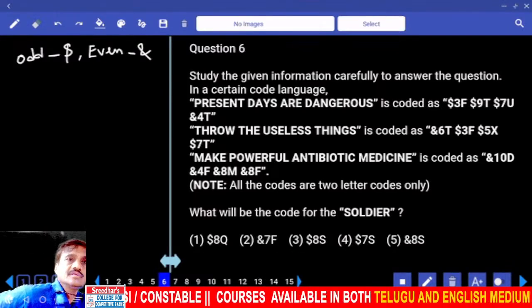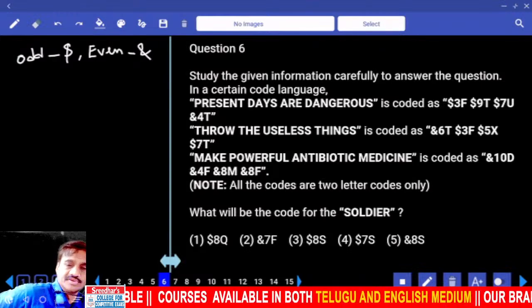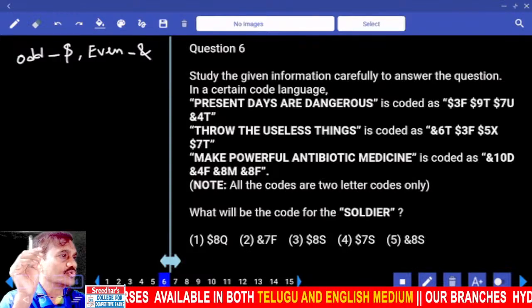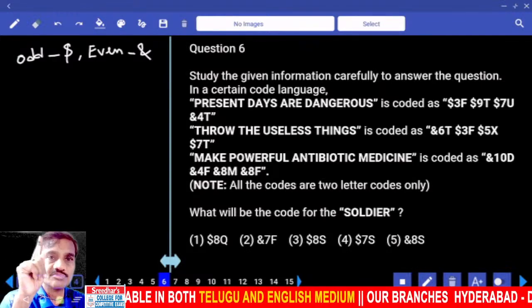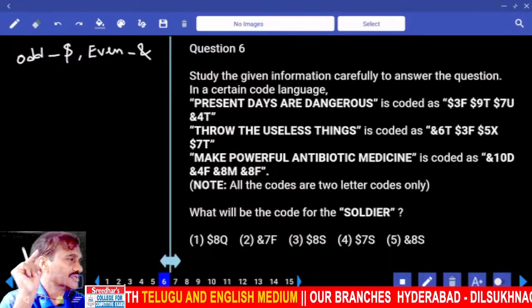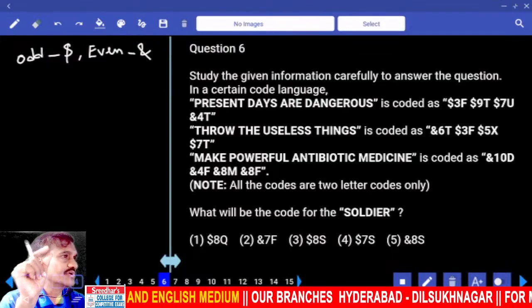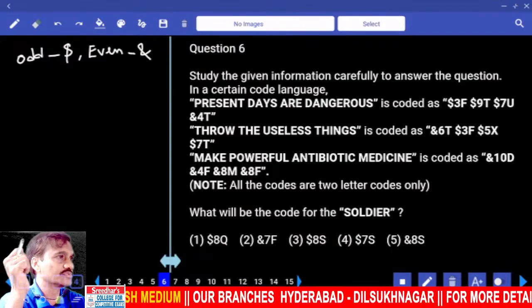Then you need to check out, you need to write down the codes for some of the definite words. చెప్పుకున్నా లేదా? డెఫినెట్గా ఏ వర్డ్కి ఏ కోడ్ అవుతుందో దాన్ని రాసుకోవాలి ఫస్ట్.